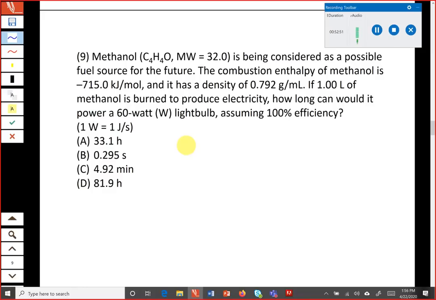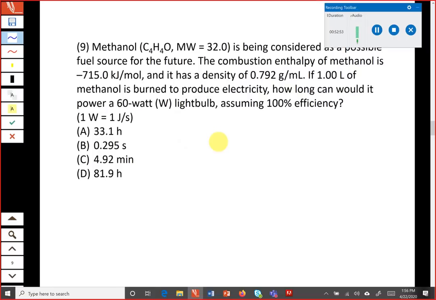The first step is very similar to what we did on one of the earlier problems: we have an amount of a substance and a combustion enthalpy per mole, and we first figure out how much energy is released when that substance burns. We'll do this all as one long string of conversions. We're looking for how much time this is going to burn a light bulb, but we get there first by figuring out how much energy is released.